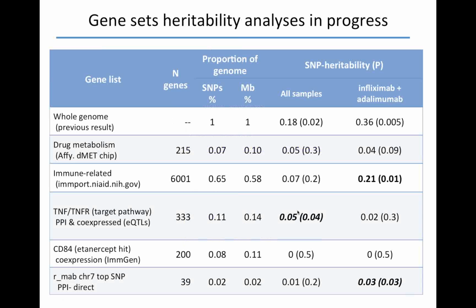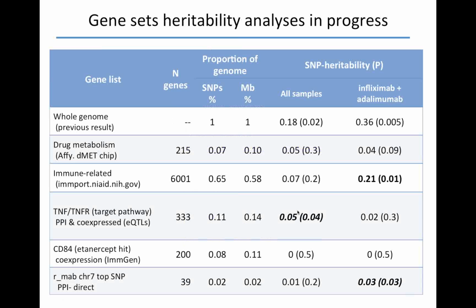So we've done a little bit of this using the SNP heritability type analysis in the discovery data and not finding any home runs here to point out. But if you look at the first row of results, these are the whole genome results that I showed in a previous slide. About 20% variance explained, 18% for all samples, 36% variance explained for the patients treated with the monoclonal antibodies, infliximab plus adalimumab.